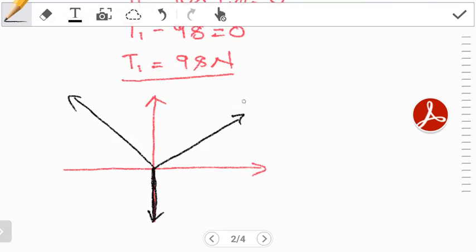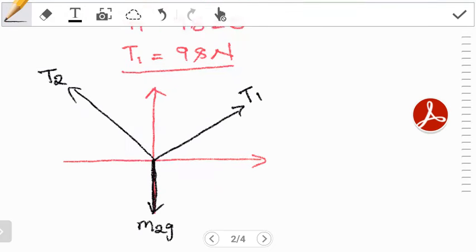So this is T1, this is T2, and then this is M2G.